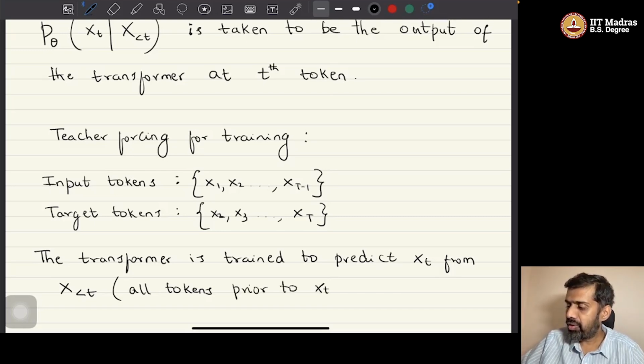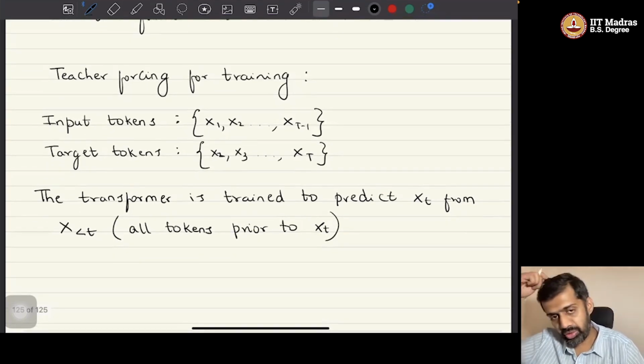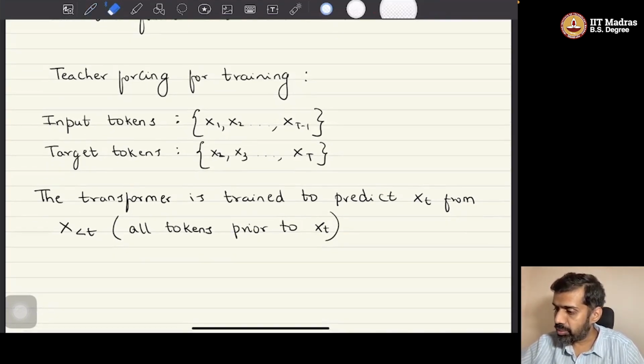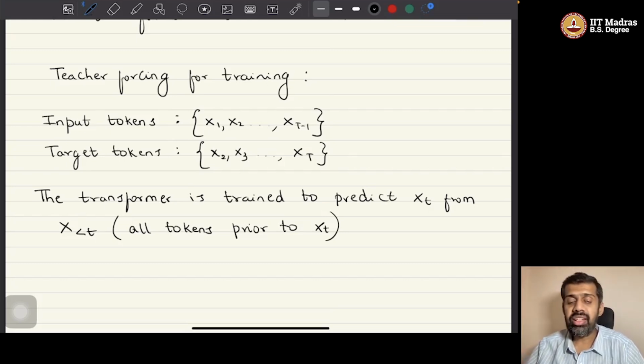This is the definition of the autoregressive model. So if we take our input tokens to be x1 to xT minus 1, and we take our target tokens to be from x2 up to xT, then what we are implicitly asking the transformer to do is to predict xt from x less than t, which is all x that comes prior to xt, right?